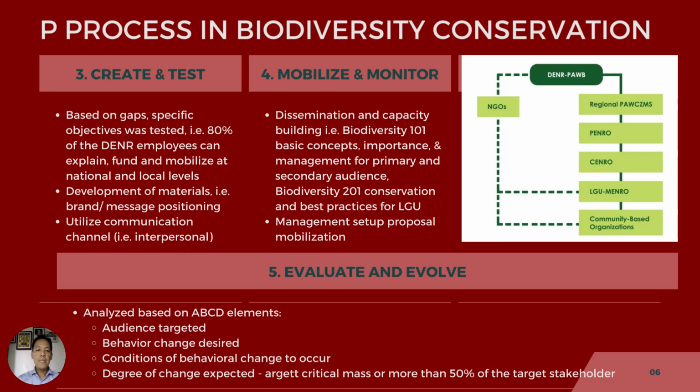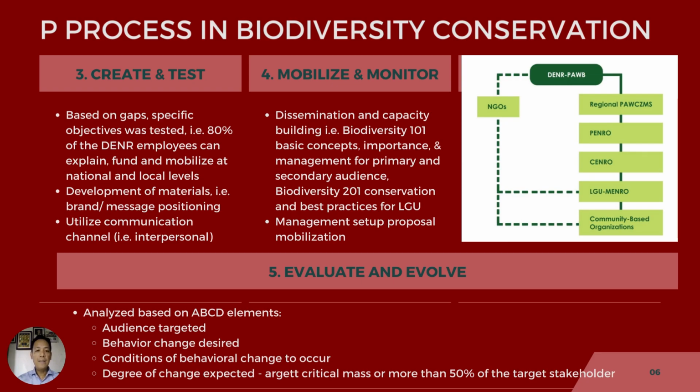The fourth process step is mobilize and monitor. This is where already dissemination as well as the actual conduct of capacity building. So, for instance, there is the discussion of basic concepts and importance as well as management for both primary and secondary stakeholders, which will be tackled in Biodiversity 101.